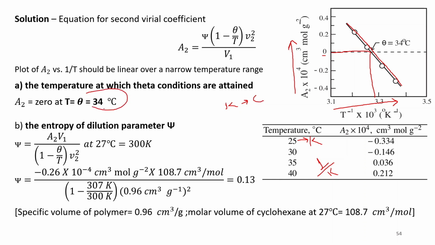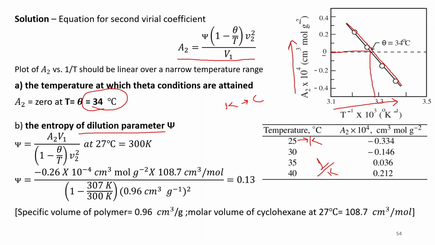Now the second part is asking to calculate the entropy of dilution parameter. We already know this formula: A2 is equal to the entropy of dilution parameter multiplied by 1 minus the theta temperature divided by the working temperature, multiplied by V2 square divided by V1, right?